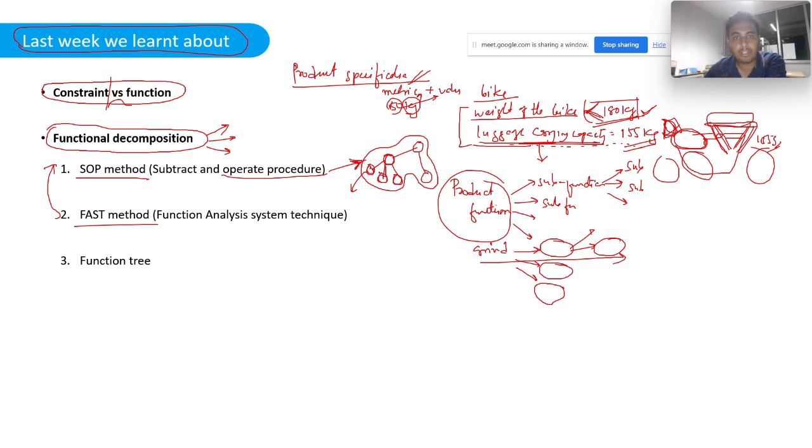For example, if this is something like a glowing LED, and you have three components, just removing one particular component may not result in a change in the parent level function. So we may not know what the use of this particular component is.